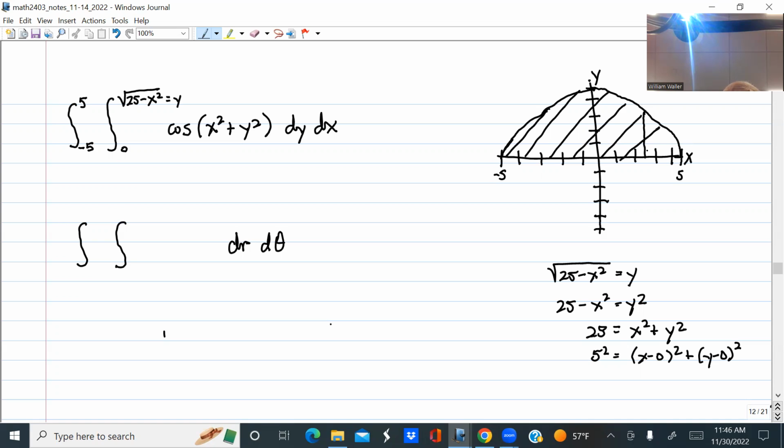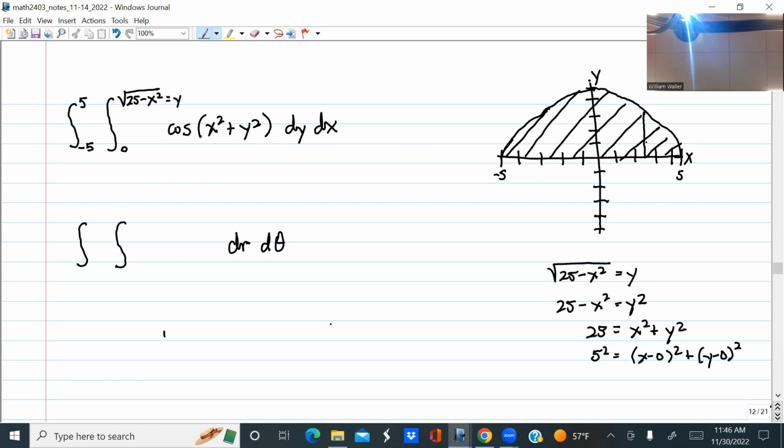So that's what we want to see if we can describe in polar coordinates, right? Okay. So let's see, what would that look like in polar coordinates? What are going to be the limits on the radius for points in this semicircle?